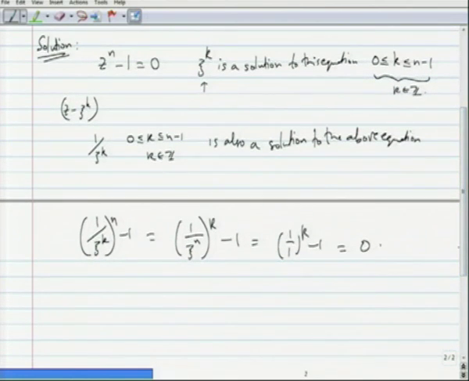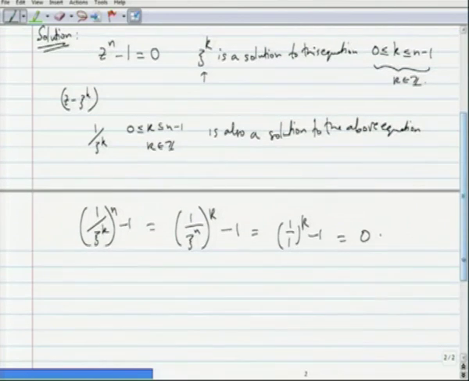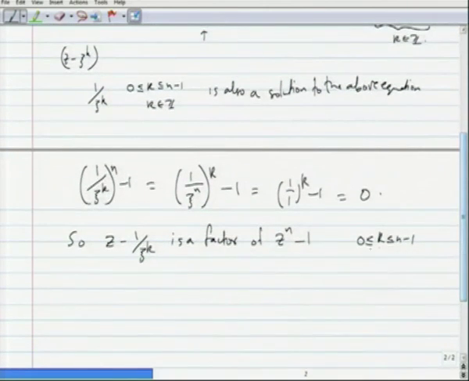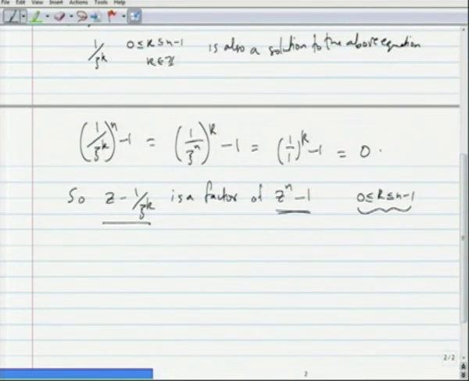What that gives us is a factor: z minus 1 by zeta power k is a factor of z power n minus 1, and this is true for all k between 0 and n minus 1. So, we have got n factors for an nth degree polynomial z power n minus 1. What that means is we have a complete factorization of this polynomial.